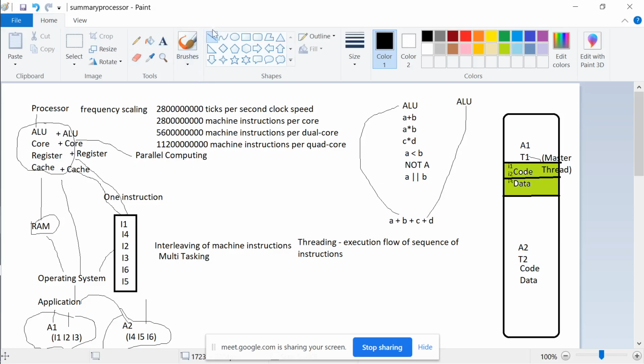So this much. So in your memory all these applications have to be loaded first, okay?